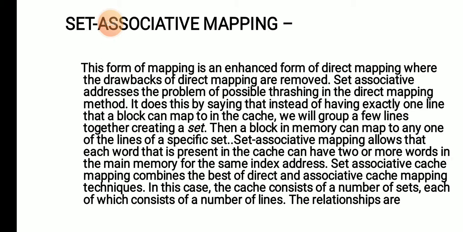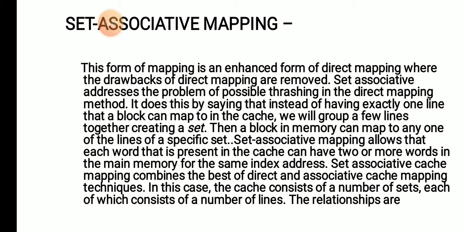Instead of having exactly one line that a block can map into in the cache, we group a few lines together, creating a set. A block in memory can then map to any one of the lines of a specific set.